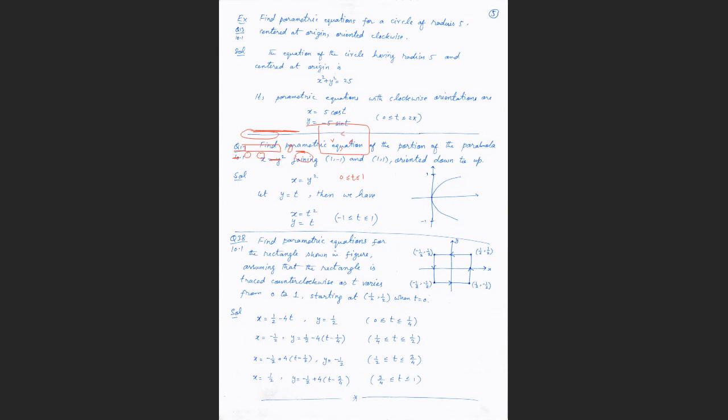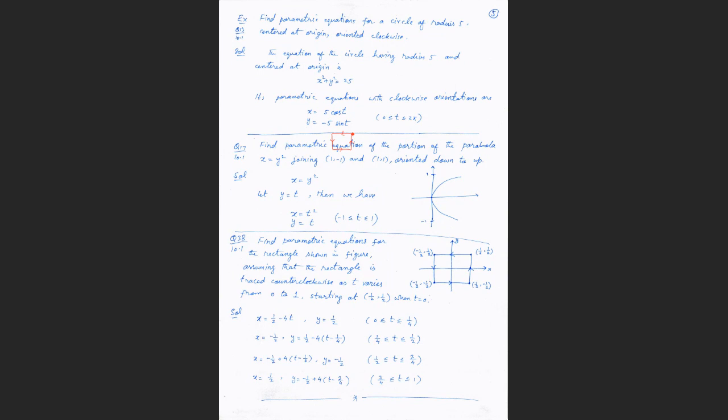This is the point half and half where the graph starts, and it moves counterclockwise from this side to this side to this side and then this side. So this is the direction and we have to find the parametric equation for these.